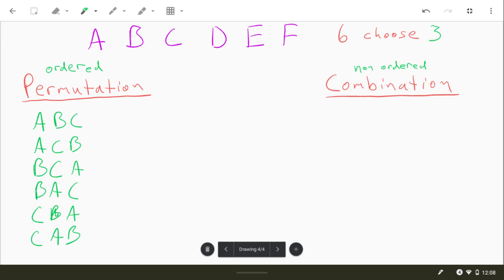But this is all the different permutations for those 3 letters. But I want them all. Like, I want to be able to choose, instead of just ABC, I want to be able to do ABD, ABE, ABF, BCD, BEF, all of them. I want all the possible permutations.